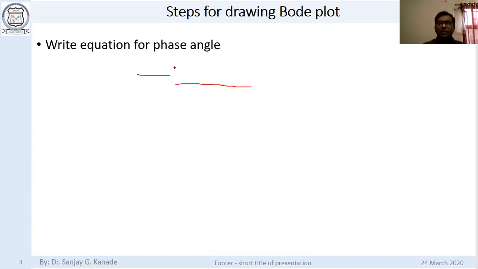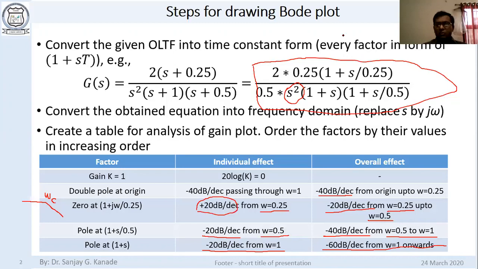And as always, the angle is calculated by tan inverse of the imaginary part divided by the real part. So for example, in this case, if we want to calculate the angle for this, S is now j omega, right? S is equal to j omega.